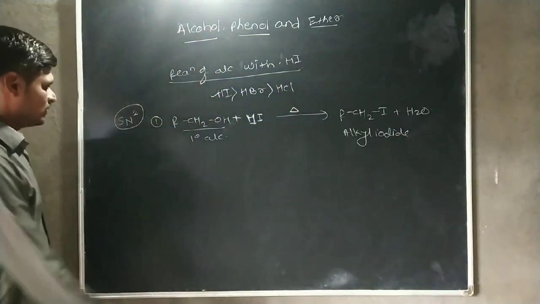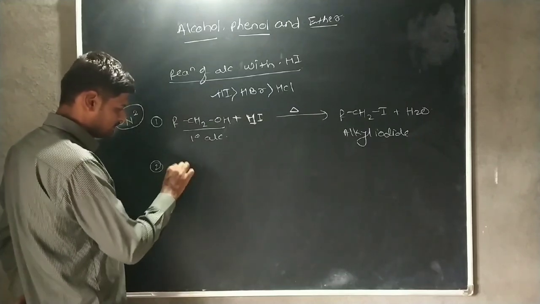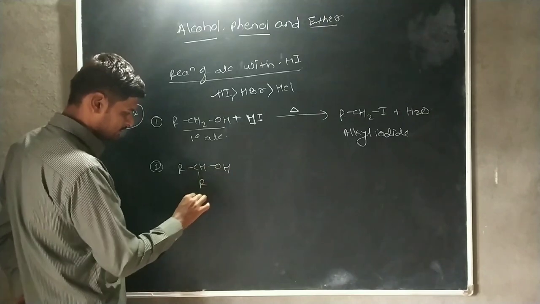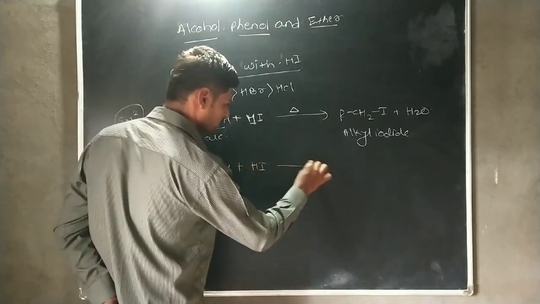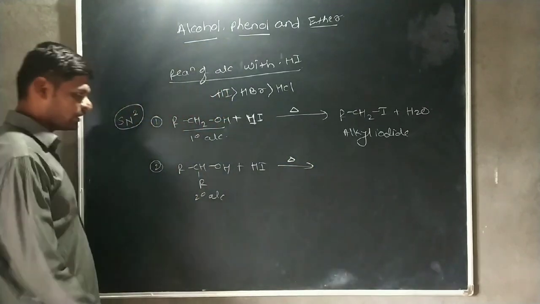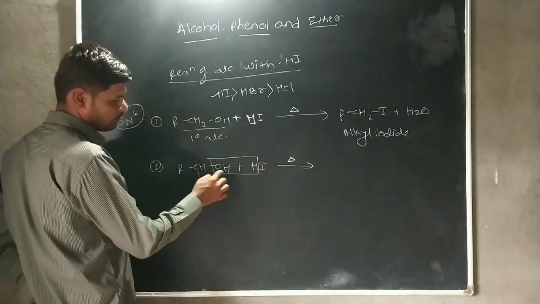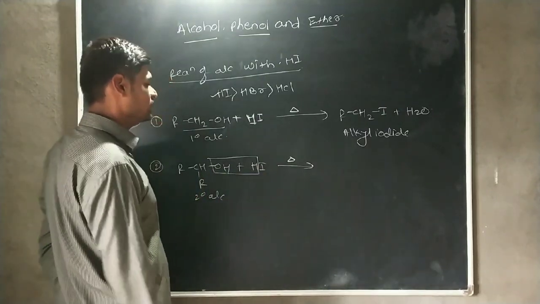Now consider the secondary alcohol. This secondary alcohol is also heated with HI. The water molecule is eliminated: the hydroxyl group comes from the alcohol and the hydrogen comes from the HI.